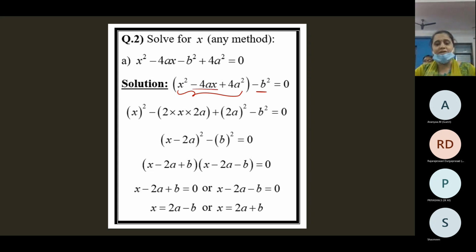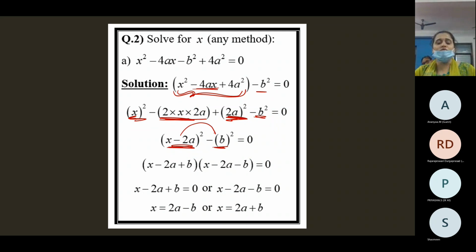So these three terms are of the form a square minus 2ab plus b square, which can be written as a minus b the whole square. And this minus b square, which is again minus b the whole square, is equal to 0.